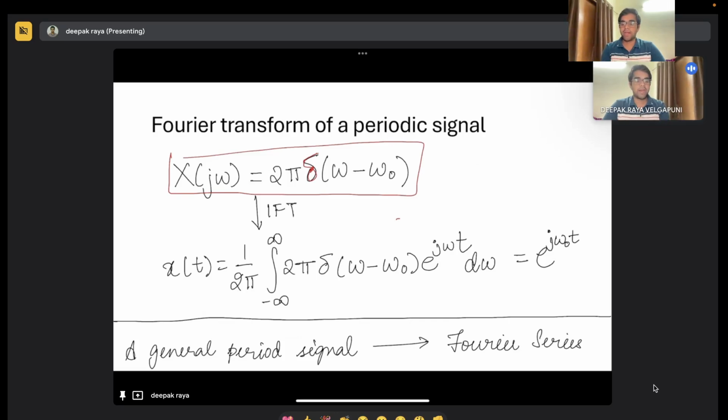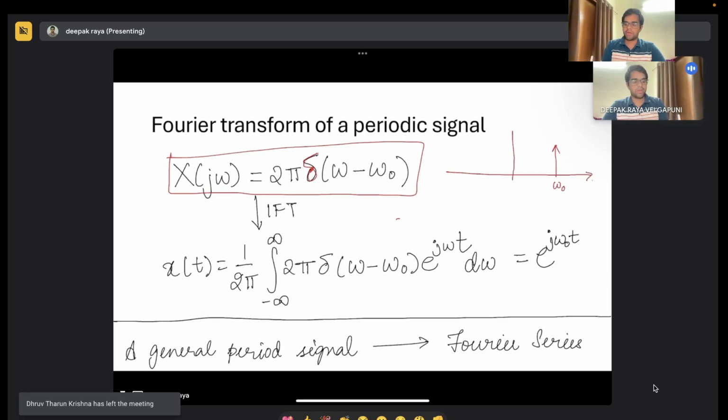The Dirac delta is centered at omega naught. So at omega naught you have a Dirac delta, and this is the omega axis, and this is the amplitude of it. So this is 2 pi times that. The area is 2 pi, basically.